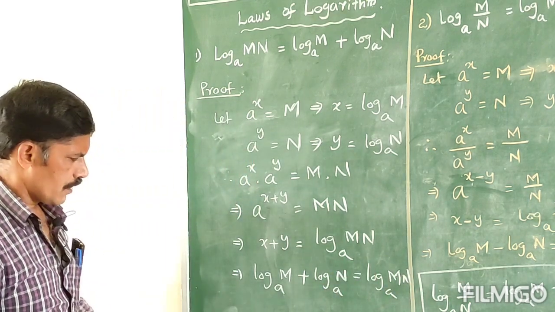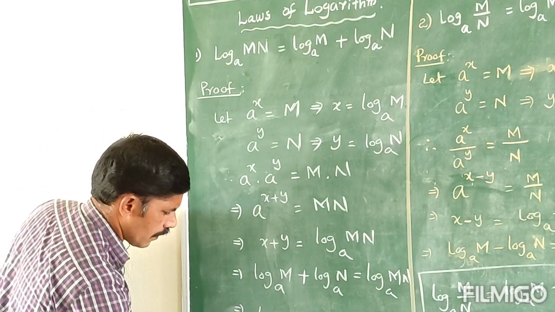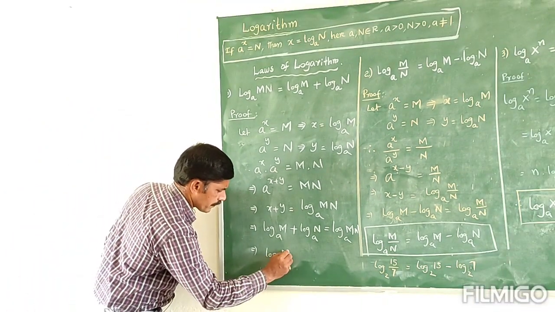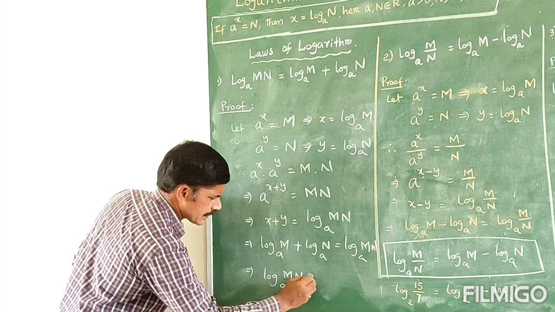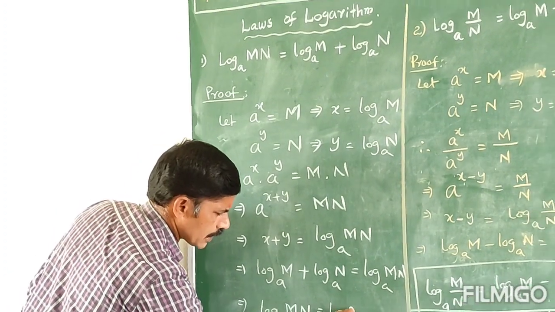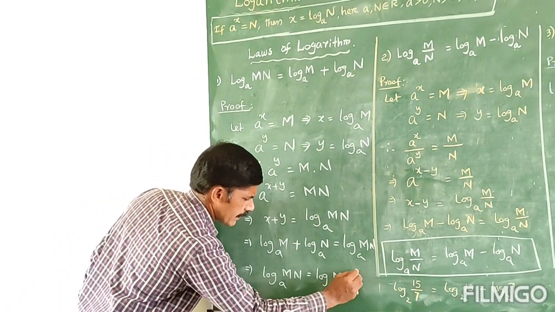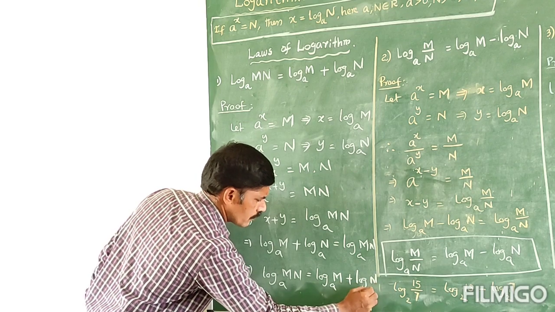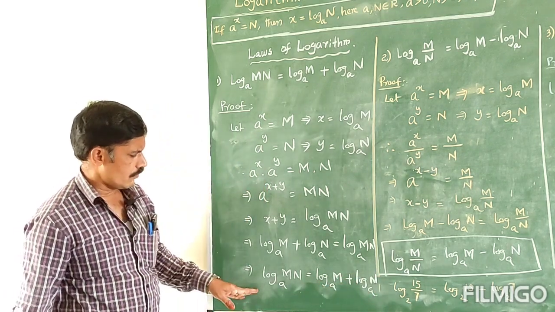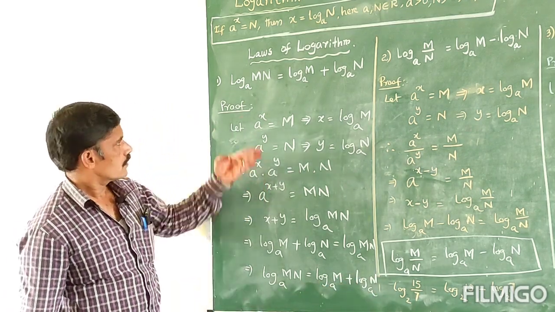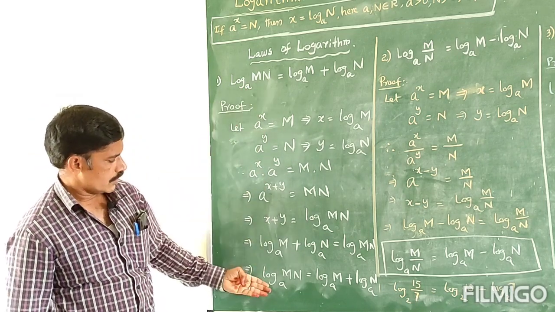If you rewrite, logarithm of mn to the base a is equal to logarithm of m to the base a plus logarithm of n to the base a. This property is proved.